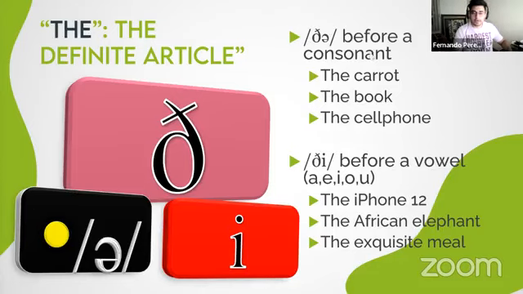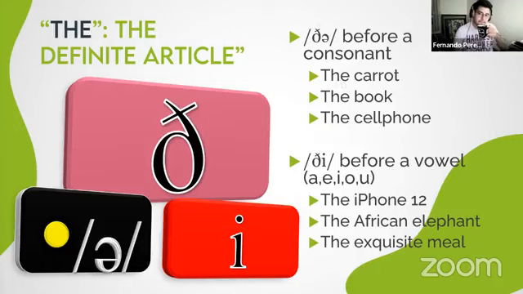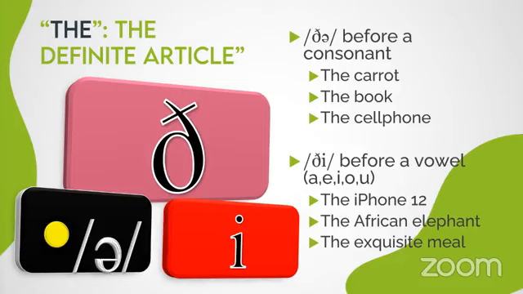Let's go, Hector. How do you pronounce the first section? The carrot. Exactly. The carrot. The book. The cell phone. Excellent. And the second?